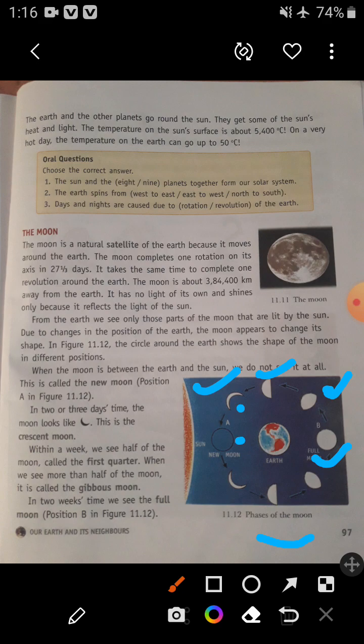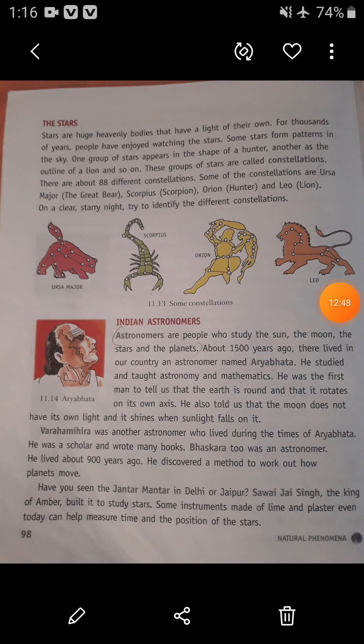I hope the phases of the moon are clear to you all. So students, this is the structure of the changing phases of the moon.